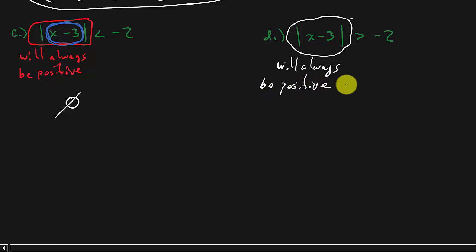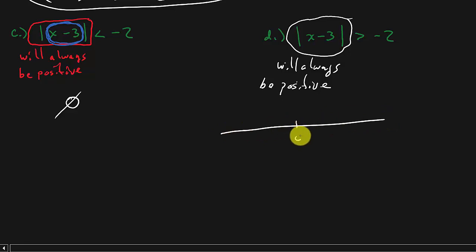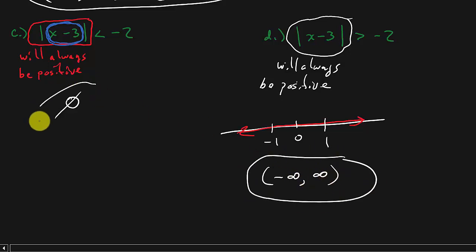Always. So this is always going to be larger than negative 2, and that's what they want to know. When is it larger than negative 2? Well, it's always larger than negative 2. So the solution is all real numbers. It's everything. So if we graph that, that's going to be the entire number line. And our interval notation is negative infinity to positive infinity.